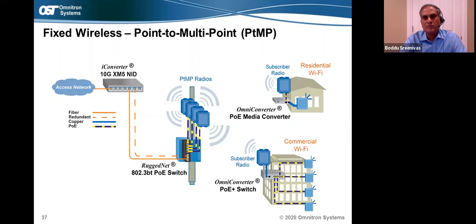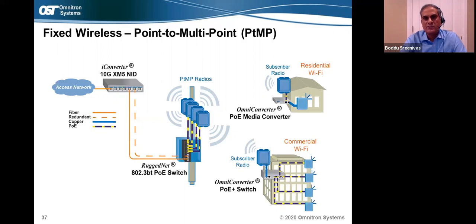And at the remote end, whether it's residential or a commercial building, you have the corresponding subscriber antennas that could be powered either using our media converters or an additional PoE switch. So this is a cost-effective way of providing point-to-multipoint type of services using these antennas, and Omnitron provides you the connectivity to provide power as well as data connectivity to these antennas.